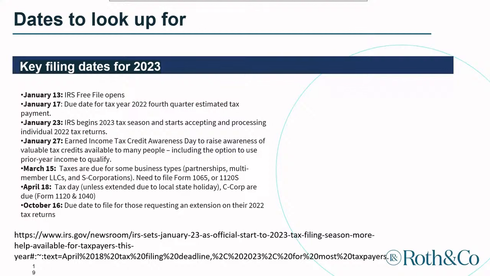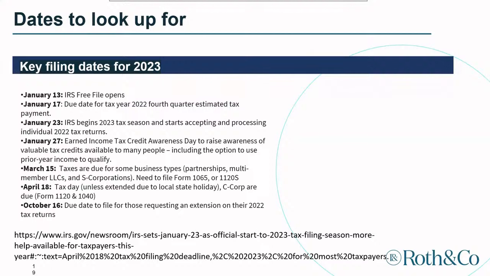March 15, that's very important. That's when taxes are due for some business types: partnerships, multi-member LLCs, and S corps. Those are Forms 1065 and 1120S. If the tax returns are not filed by March 15, extensions need to be filed.